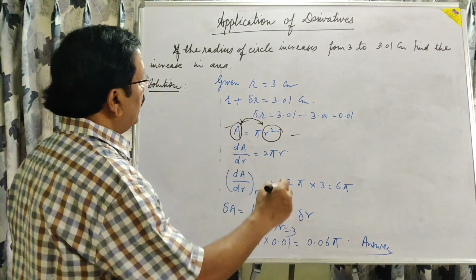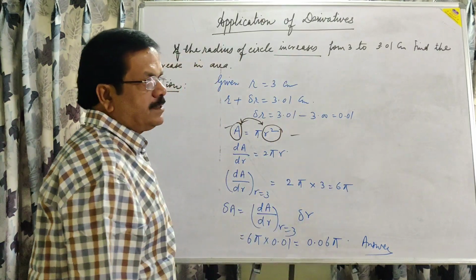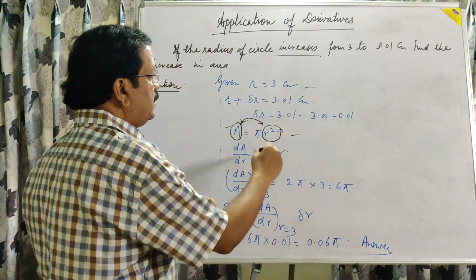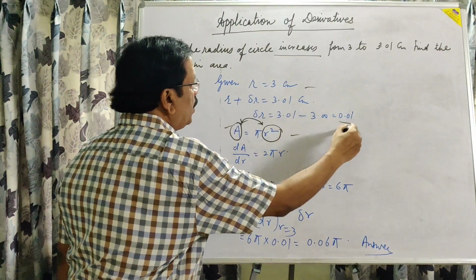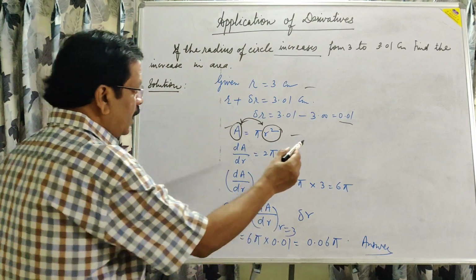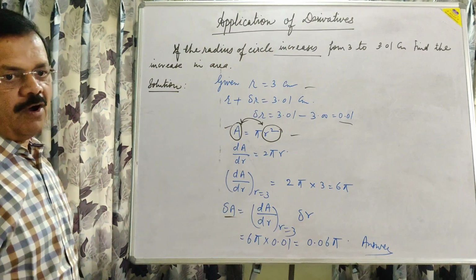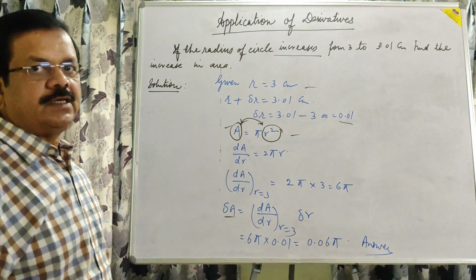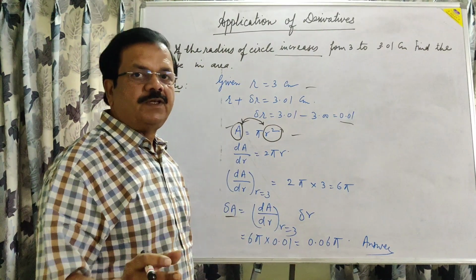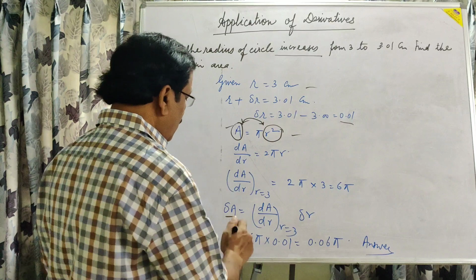Now what we have to find out: the radius of the circle increases. Previously the radius of the circle is 3 centimeter, then this is increased by 0.01 centimeter. Then what is the effect on the area? This is our question. In all the questions we will study, keeping the relation between two variables, if we change one variable, how does this affect the other variable?